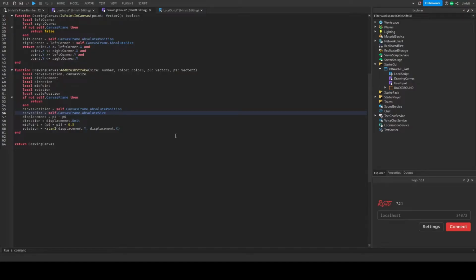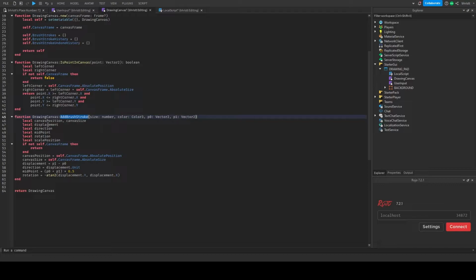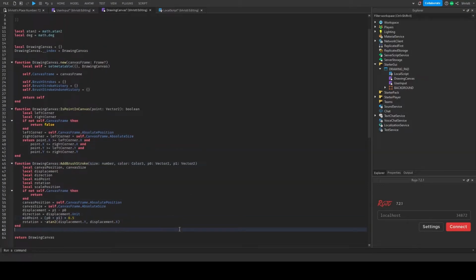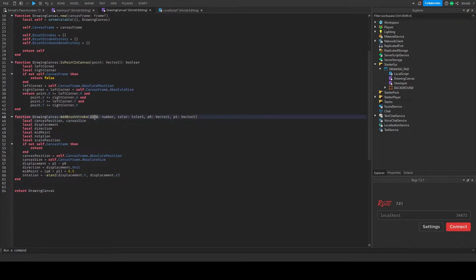Alright, so I went ahead and added this function called AddBrushStroke to this DrawingCanvas class. And the parameters are the size of the brushstroke, the color of the brushstroke, P0 and P1, which are both Vector2 values. And these are going to be the positions of where we're going to put the brushstroke. So here I made some variables: canvas position and canvas size, which is going to be the canvas frame itself.